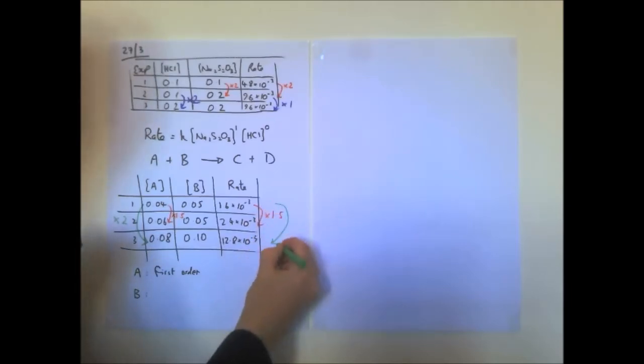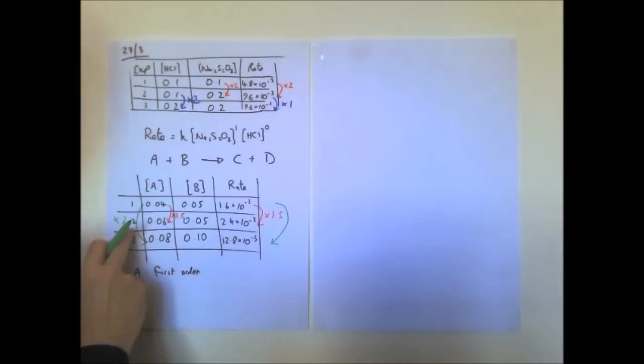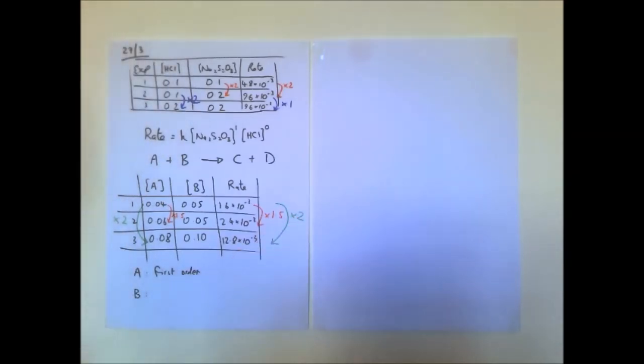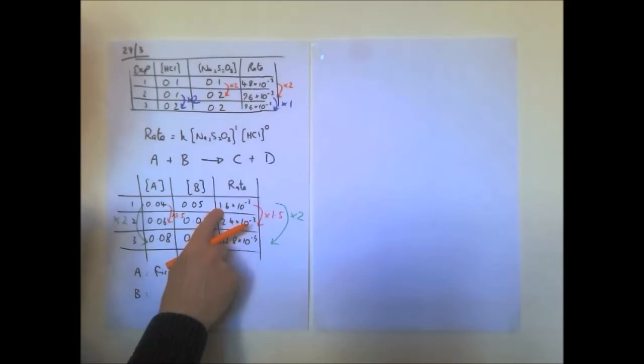Well, it must have at least doubled because we know A is first order. So some of that change must be accounted for by the change in A. Well, 1.6 doubled is 3.2. So let's keep that as a tally. It would be 3.2 at the moment.